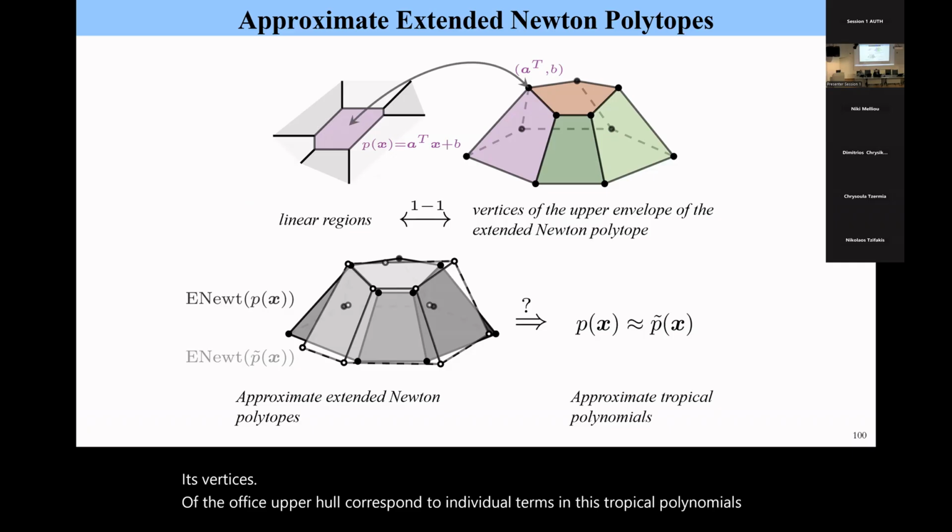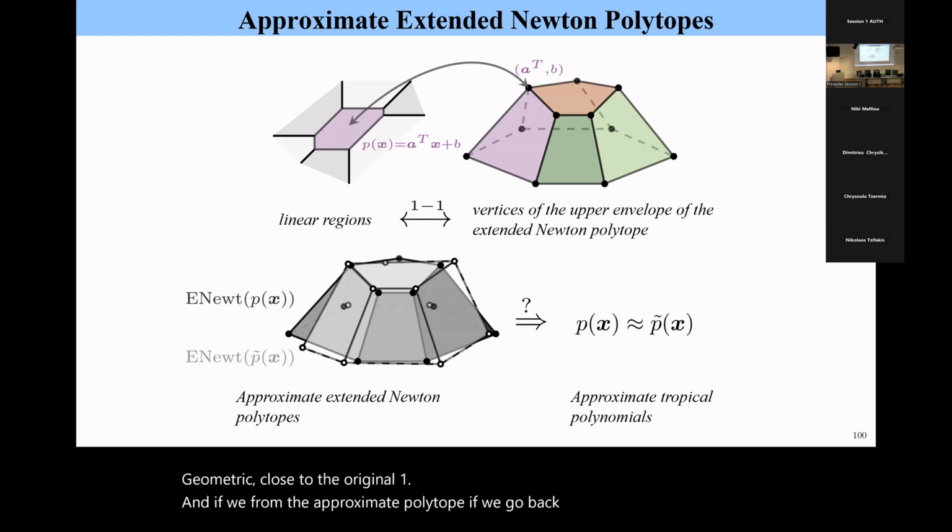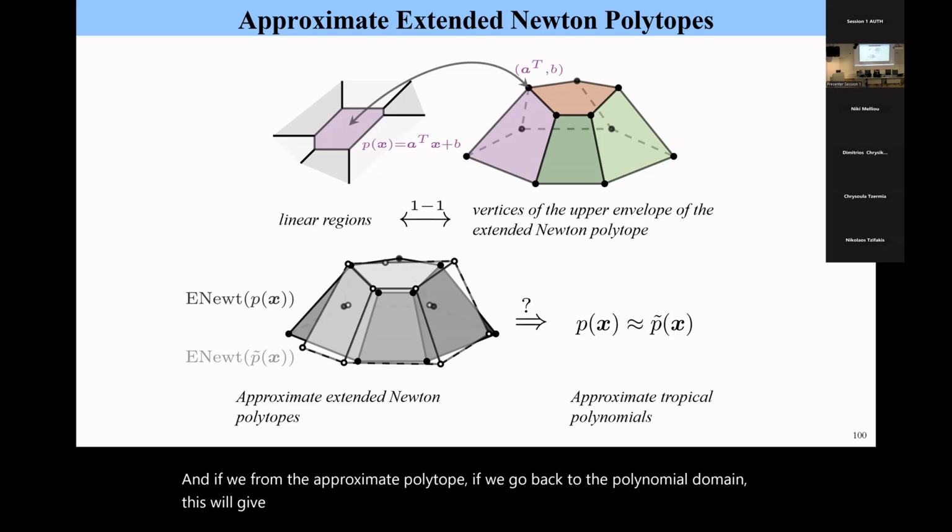And what we want to do is to approximate one of these Newton polytopes with another Newton polytope that is geometrically close to the original one. And if, from the approximate polytope, we go back to the polynomial domain, this will give us an approximate polynomial P tilde. So this is the idea.